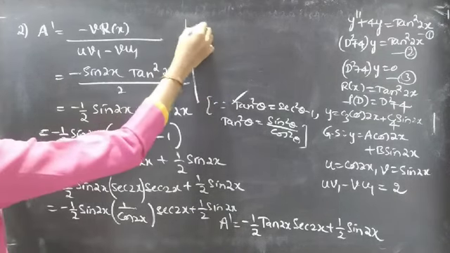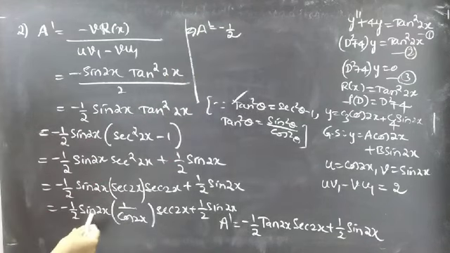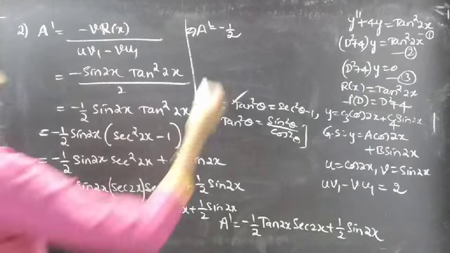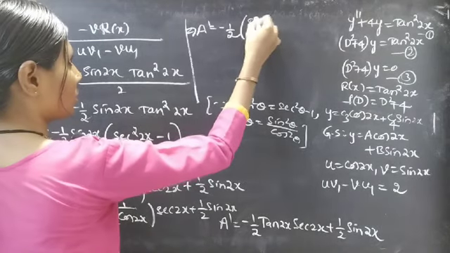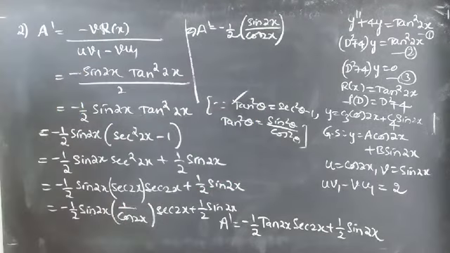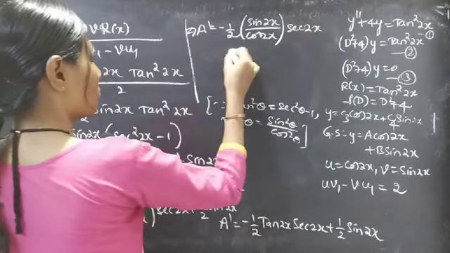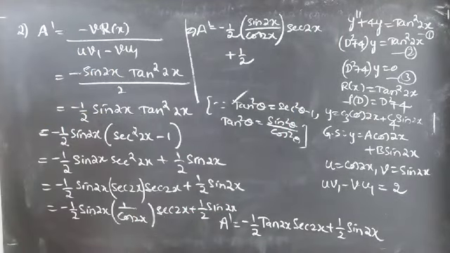Then a dash equals minus 1 by 2 into sin 2x into 1 by cos 2x, which is sin 2x by cos 2x, into secant 2x, plus 1 by 2 into sin 2x.